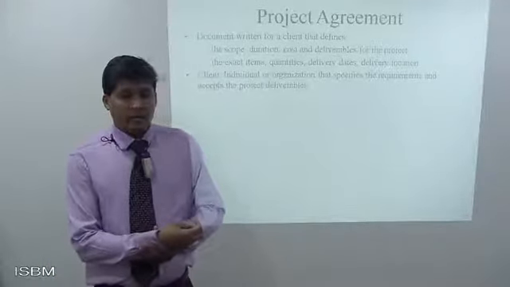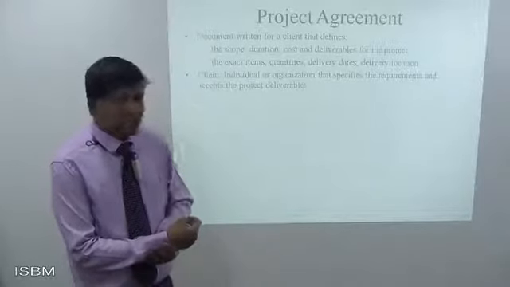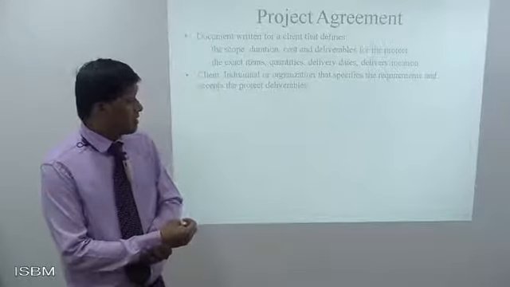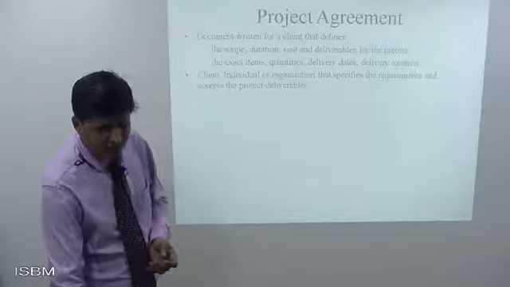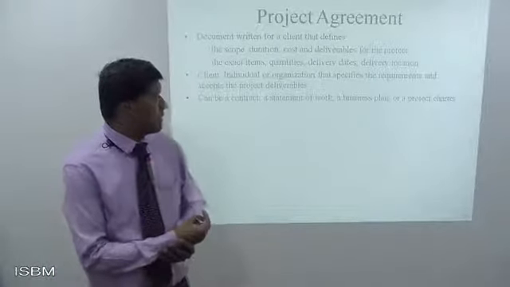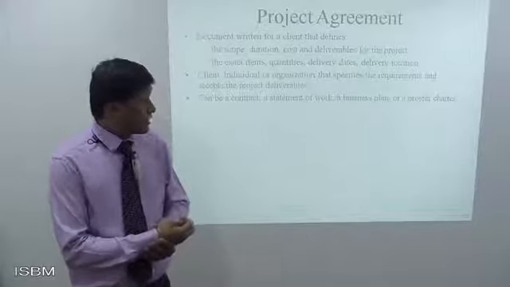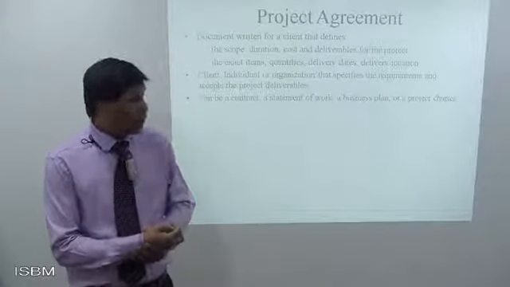From a client perspective, an individual or organization specifies the requirements and aspects of the project. Required deliverables can be a contract, statement of work, a business plan, or a project charter.